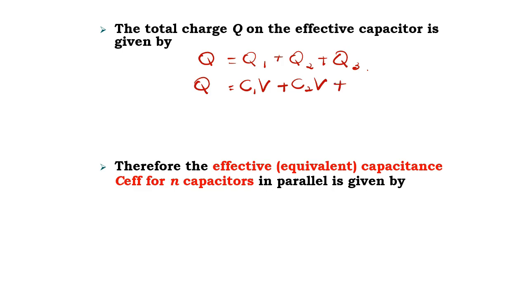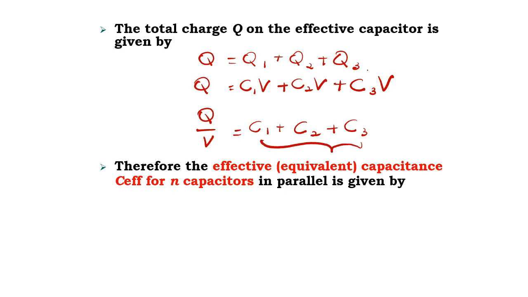Plus C3V. So we rearrange here as Q over V equal to C1 plus C2 plus C3. If you notice, that C1 plus C2 plus C3 is C effective. So we can say that Q over V is equal to C effective.